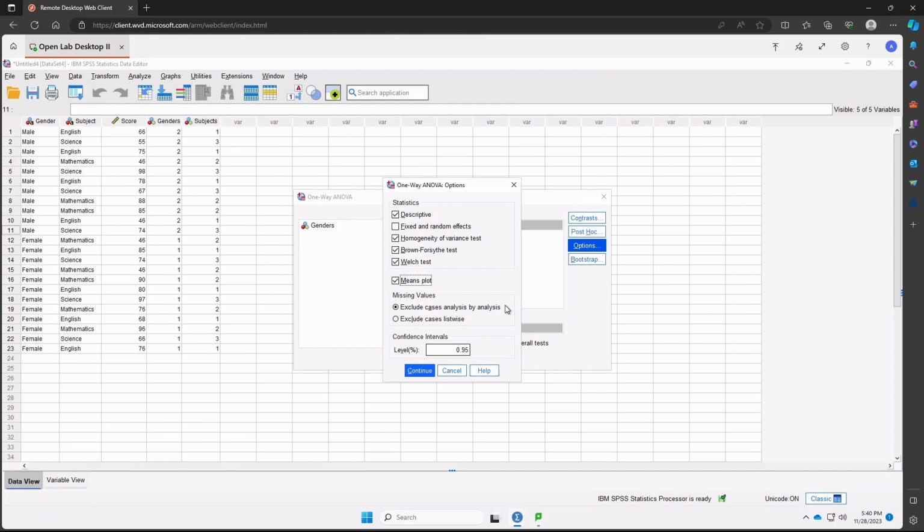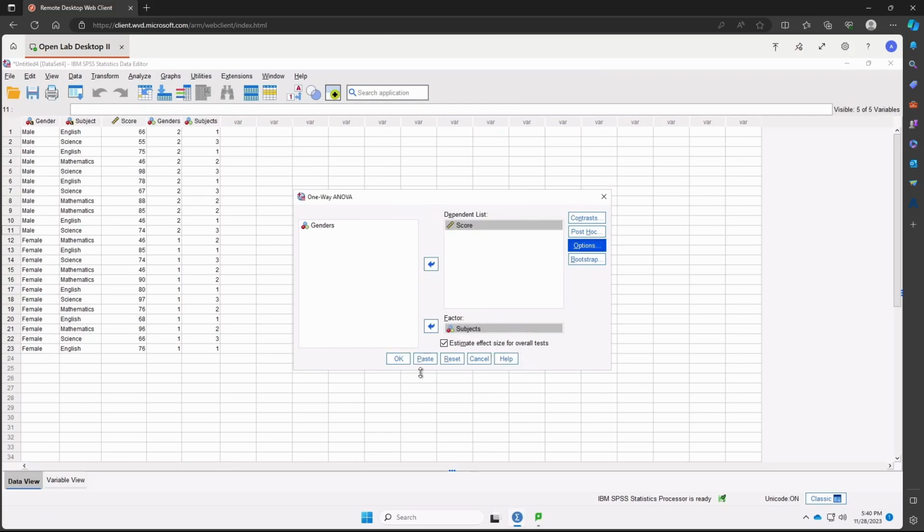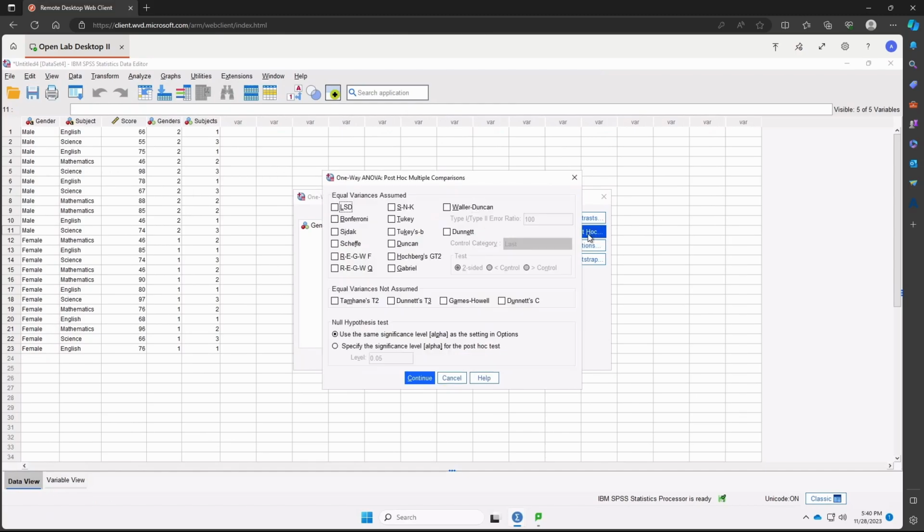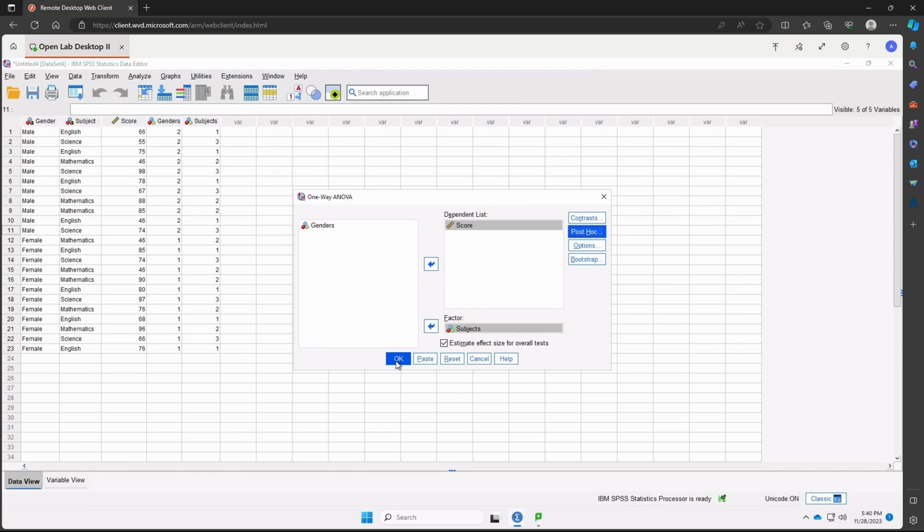These couple of tests are actually in case we violate the homogeneity of variance assumption. So we want to make sure the level is at the default 0.05. I'm going to click Tukey, right? And okay.